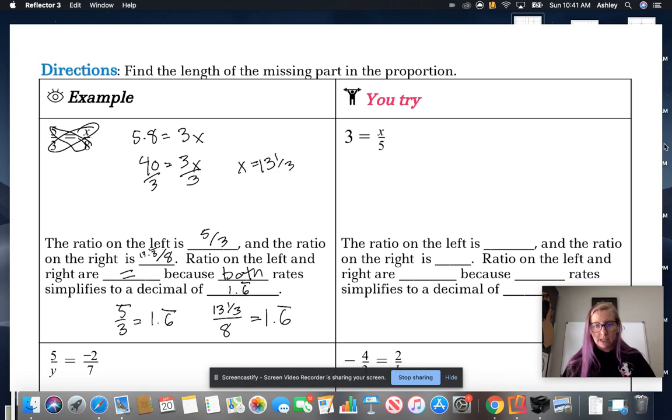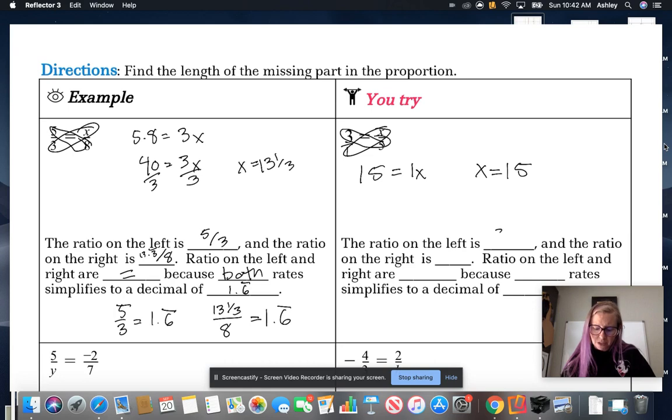Okay, make sure you're pausing and trying this on your own. Same thing, we're going to cross multiply this. 3 has an implied 1 underneath it because 3 divided by 1 is the same as 3. So we get 15, 3 times 5 equals 1x. Again, you don't need the x, just showing you so you know where it came from. So x equals 15.